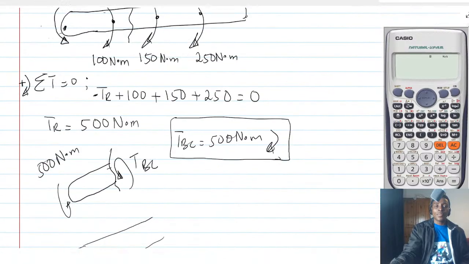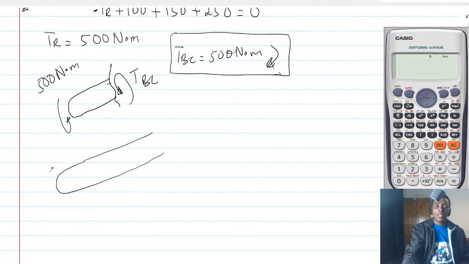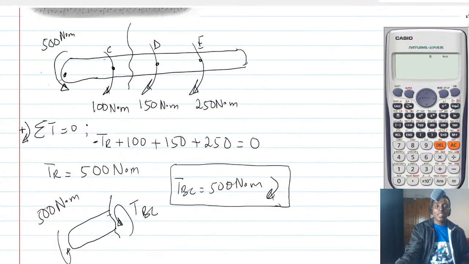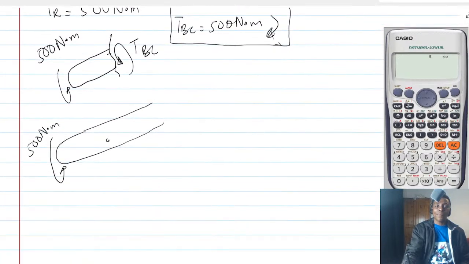And then, don't forget that there is 500 Newton meter. And then, at C, there is 100. So at C, there is 100.